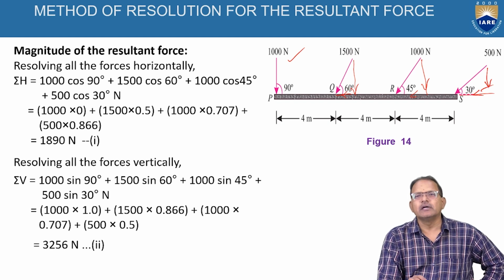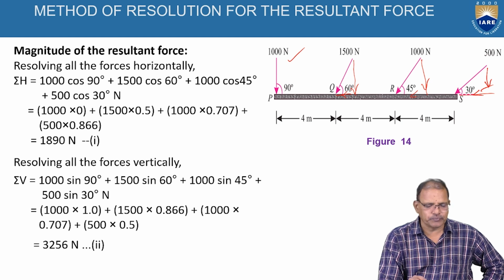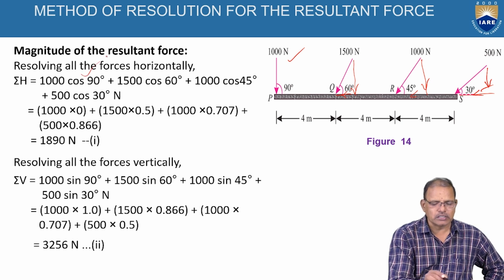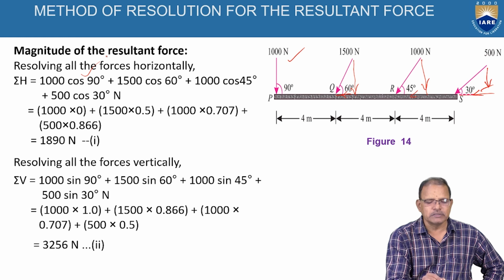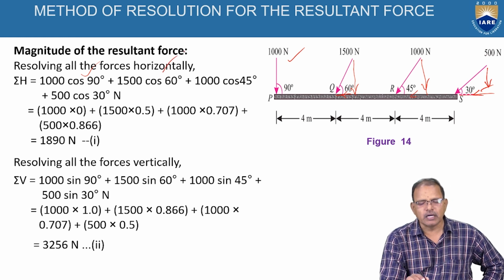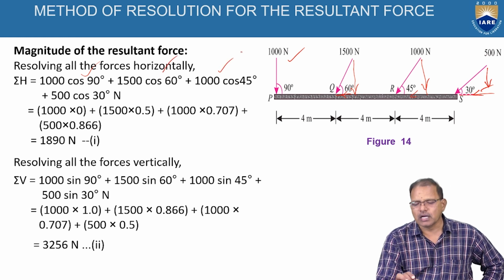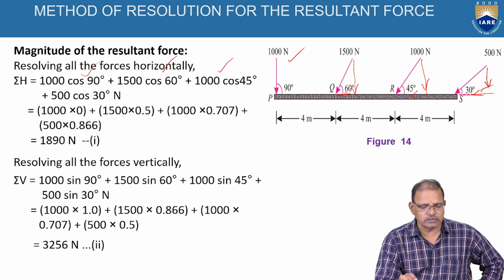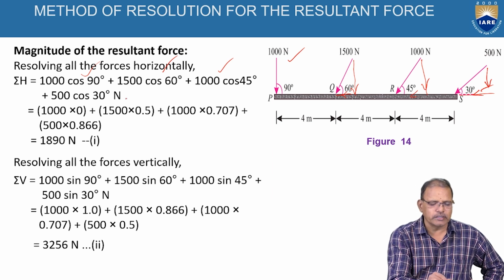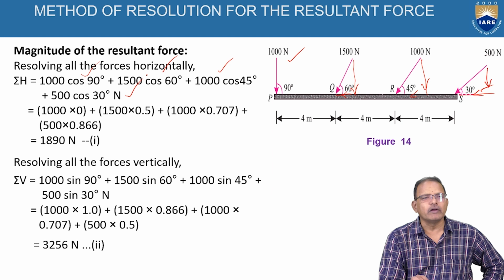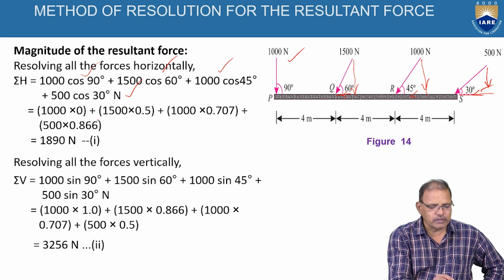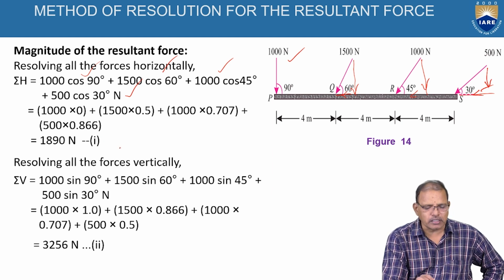The sum of the horizontal components is equal to 1000 cos 90 degrees plus 1500 cos 60 plus 1000 cos 45 degrees plus 500 cos 30 newtons. Finally, we got this value as 1890 newtons.